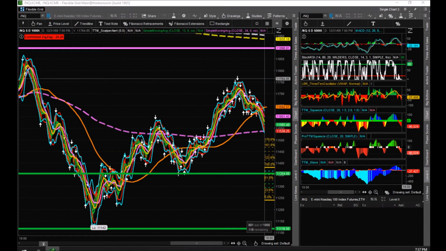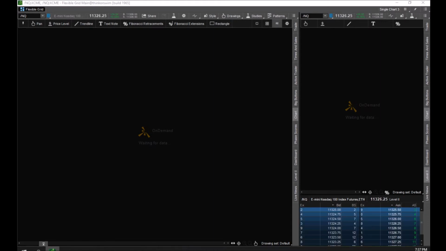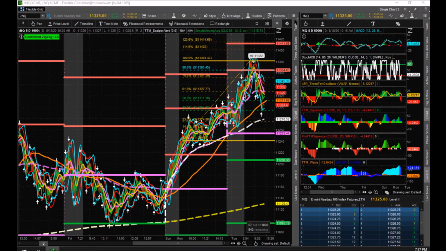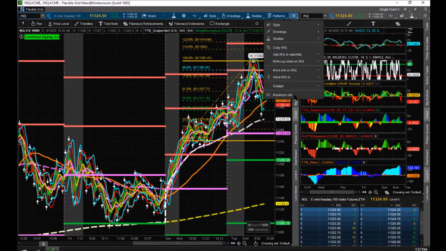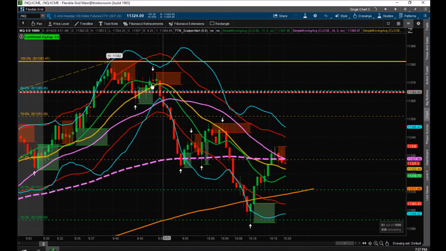Okay, I'm not sure what happened. Okay, so on demand doesn't work. There it goes. Alright, on demand's here. The indicators finally placed, all the other indicators placed.